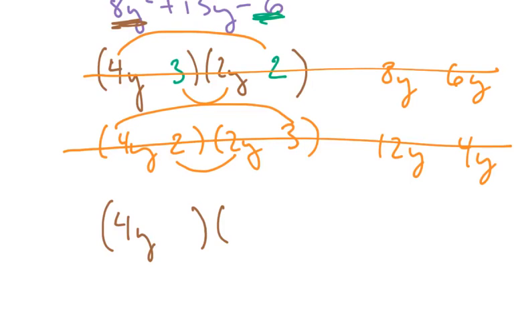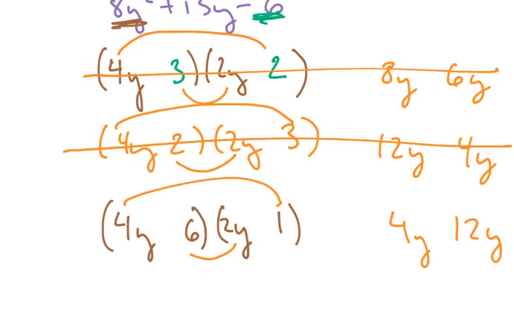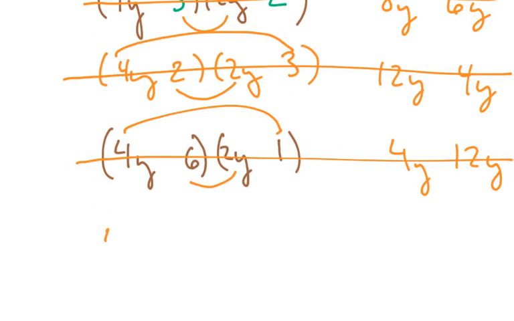But also 6 and 1 gives me 6. Alright, so I'm going to try 6 and 1 now. And so we're going to get 4 and 12 here. 4 and 12. And there's no way with 4 and 12 to get to 13, so we'll draw a line through it. And we'll try the next one.